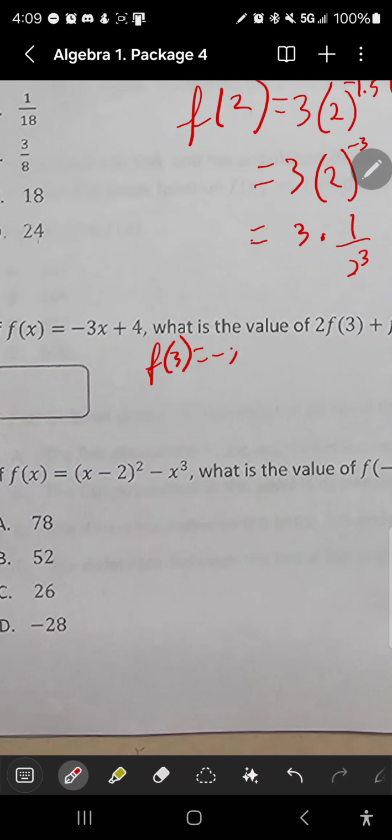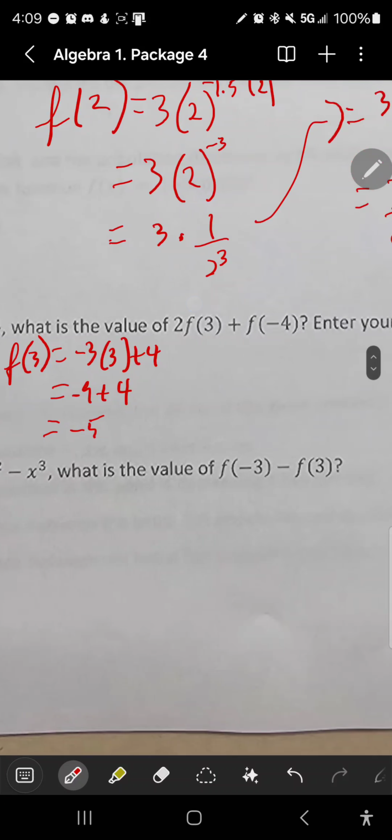This will be equal to negative 3 times 3 plus 4. So negative 3 times 3 is negative 9, plus 4, and negative 9 plus 4 is negative 5.